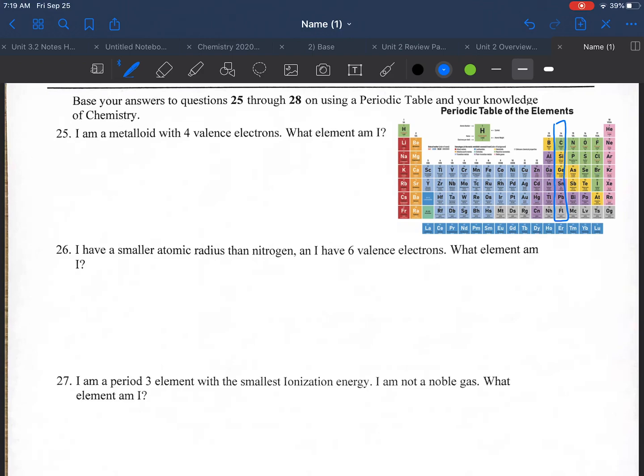So we are finding a metalloid with 4 valence electrons. So here, notice how you have 2 possible choices. Number 26. Oops, sorry, I forgot to put the other choice on here. I have a smaller atomic radius than nitrogen, and I have 6 valence electrons.